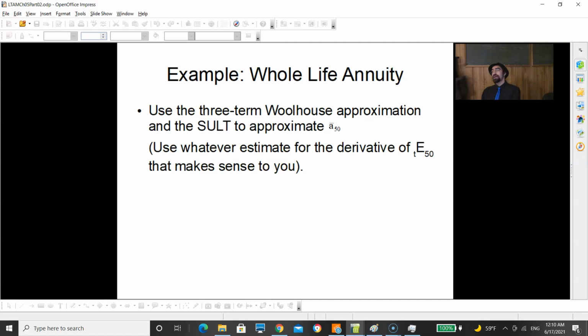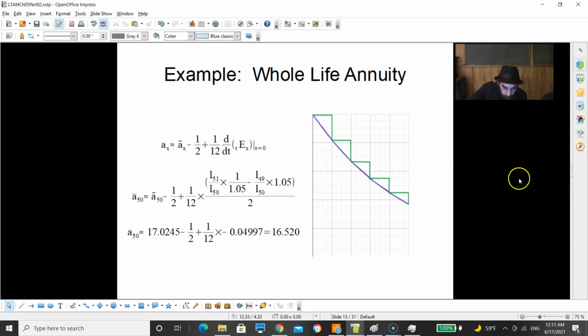And so what I did is I calculated the appropriate value for a 49-year-old and a 51-year-old and did a symmetric difference quotient there. You could do other interpolations, right? You could just compare 50 to 51 and say that's close enough to a derivative.